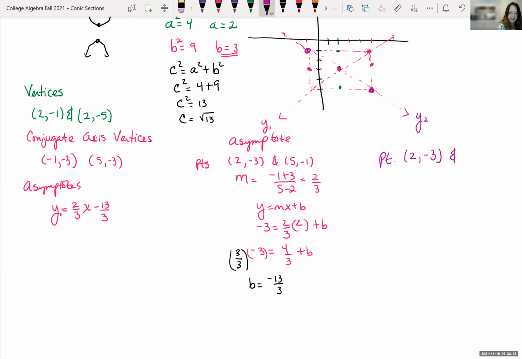That x value is 5 and the y value was -5. So we need the slope. The change in y, -5 minus -3, so -5 plus 3 is -2, all over 5 minus 2, which is 3. Our slope is -2/3.